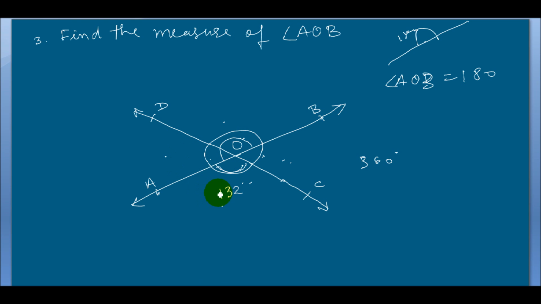So you can find this one by subtracting 132 from 180. Similarly, you can find this angle, because this is a straight angle, by subtracting this value from 180 degrees. Then you add them. We will not go that long way. We know that if this is a straight line and this is a point, then this angle is always 180 degrees. Clear?